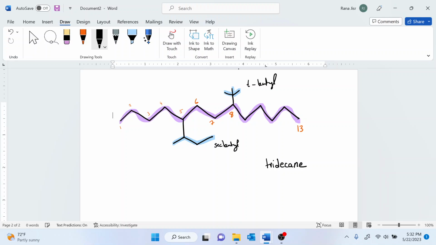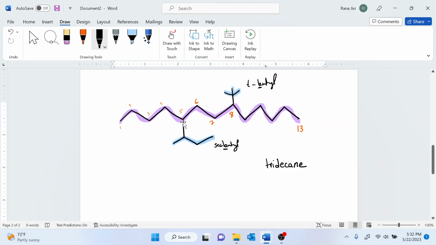In case I ask you to go ahead and name it, and I have no problem with you using the secondary and the tertiary in the IUPAC, then here you go. You're going to start by alphabetizing in this case. The B's are the same, the U's are the same, the T's are the same, so everything here is the same.